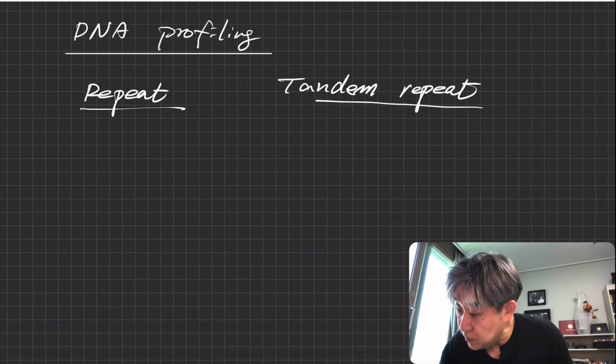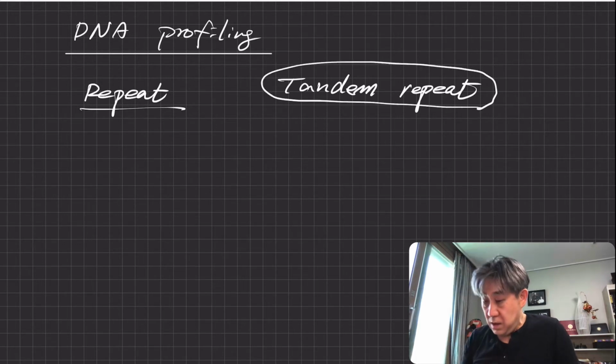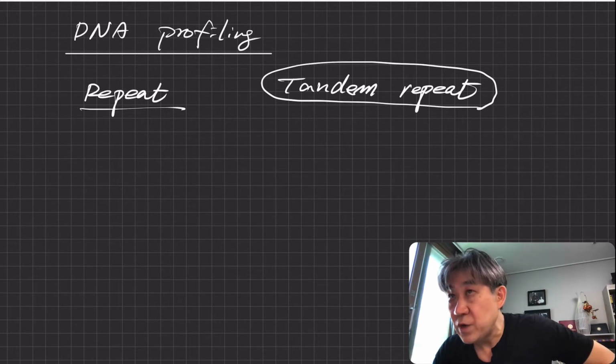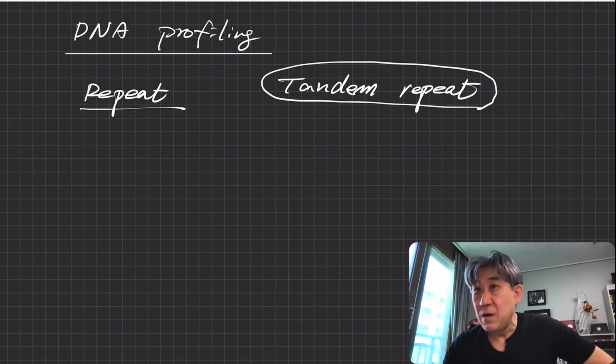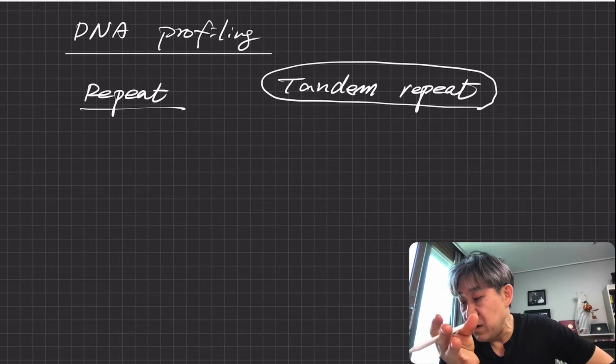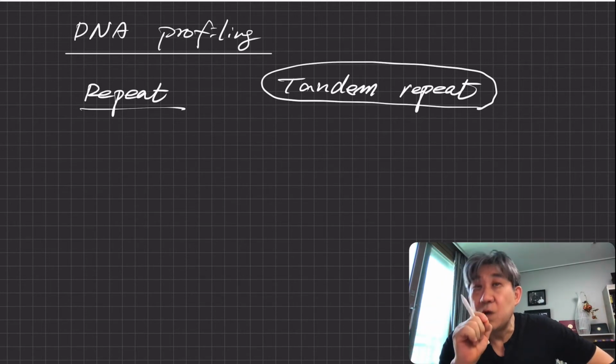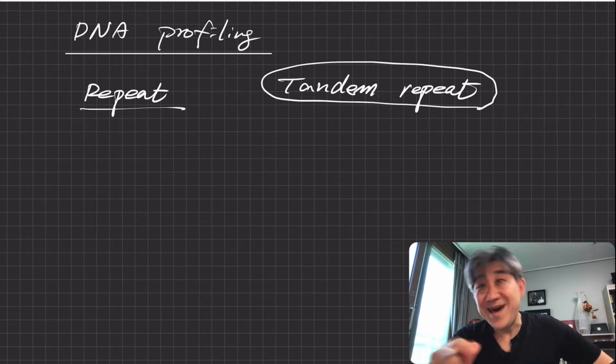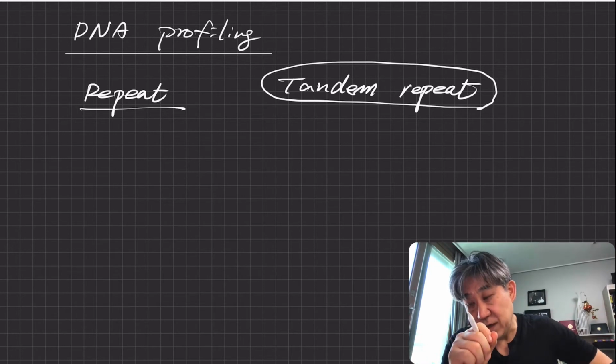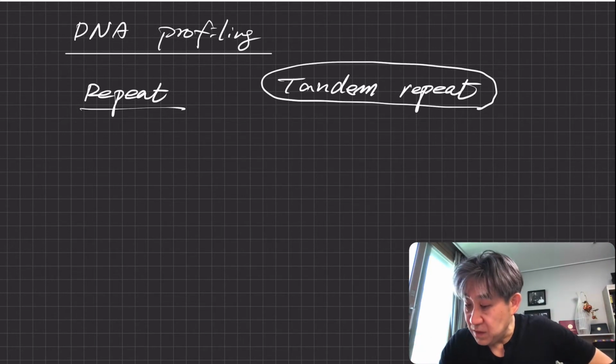So this is one keyword that you might want to take notice of. In DNA profiling, you are trying to identify what type of DNA repeat pattern one individual has. You identify it in terms of the repeat number. How many repeats do you have?